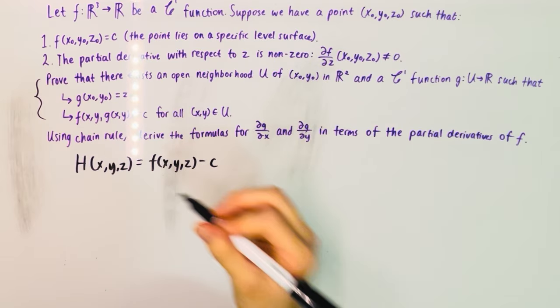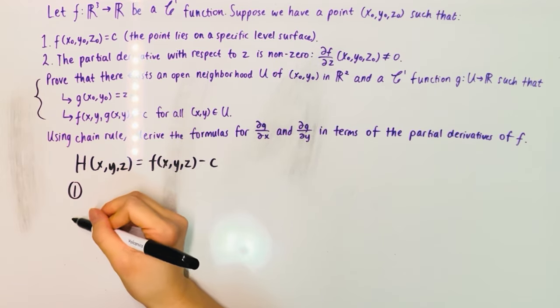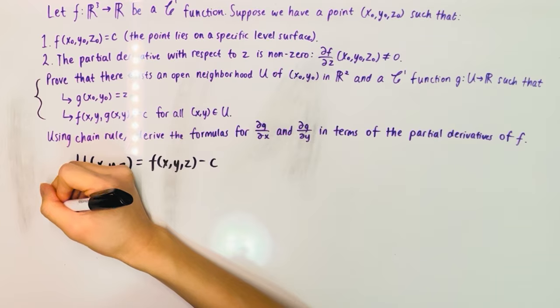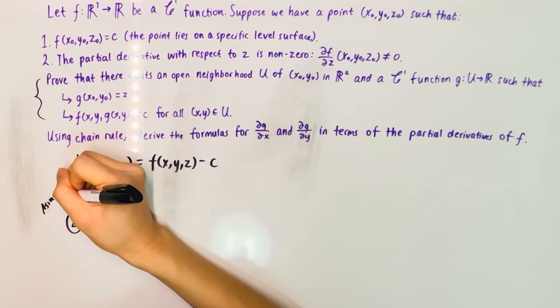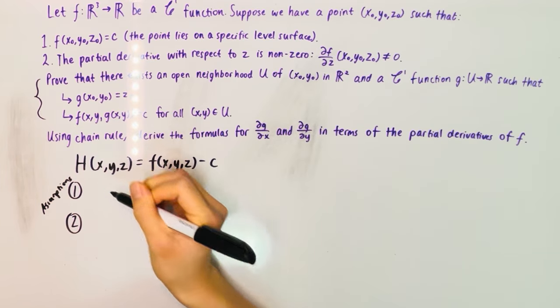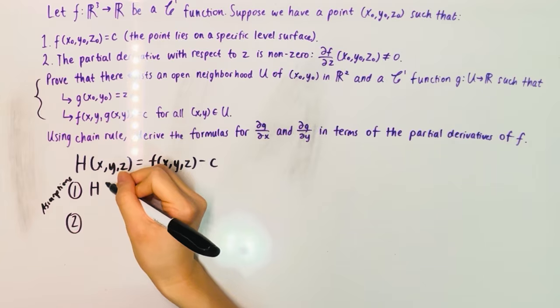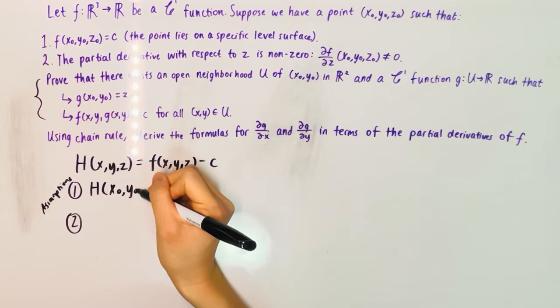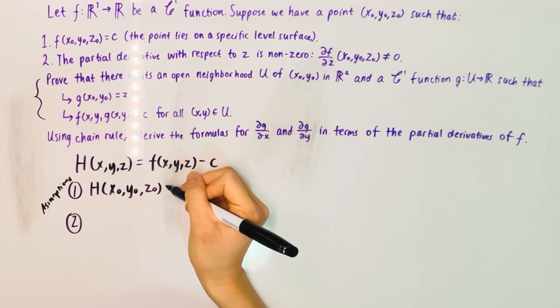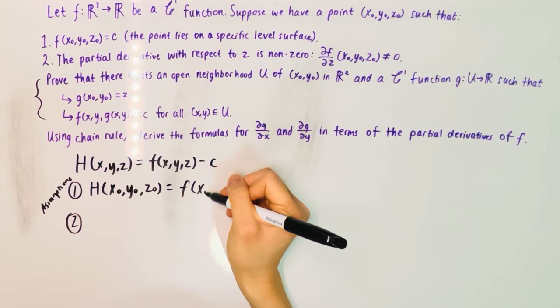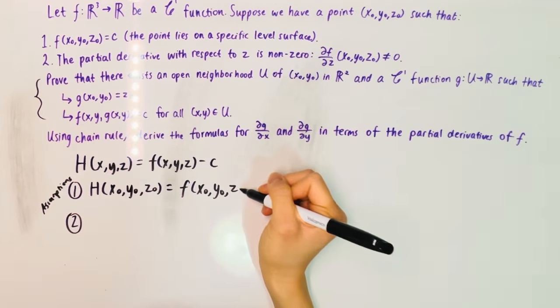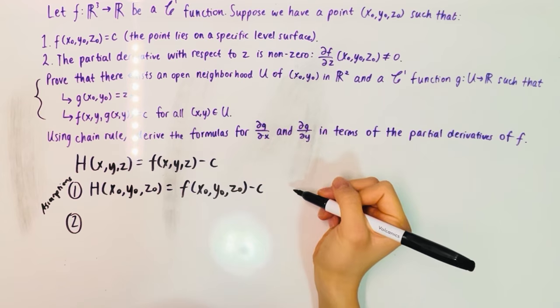And now notice that our assumptions are satisfied, since h of x0, y0, z0 is equal to f of x0, y0, z0 minus c.